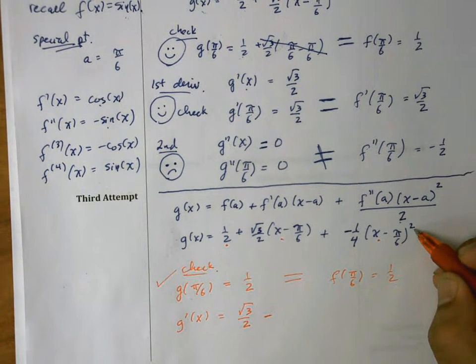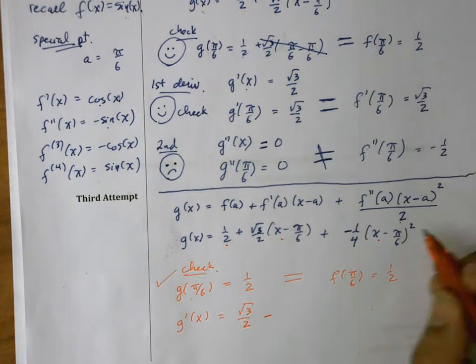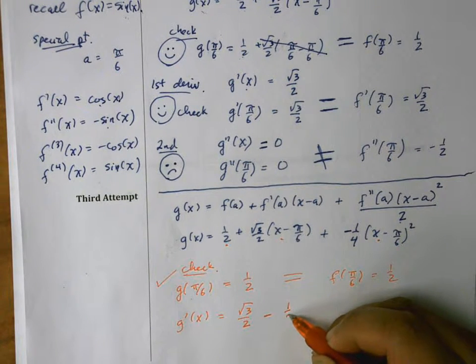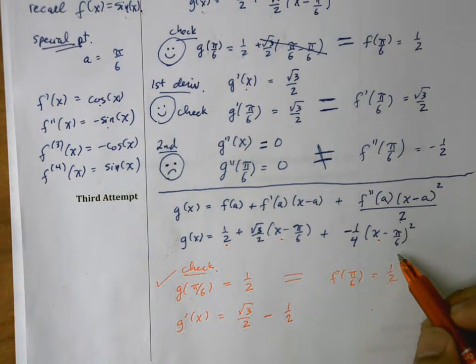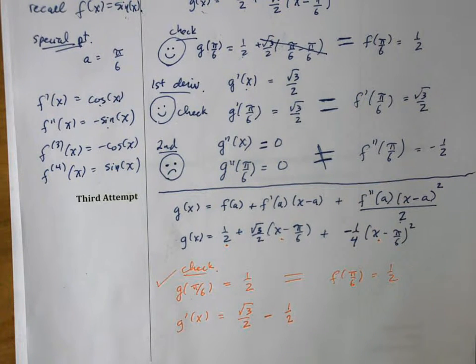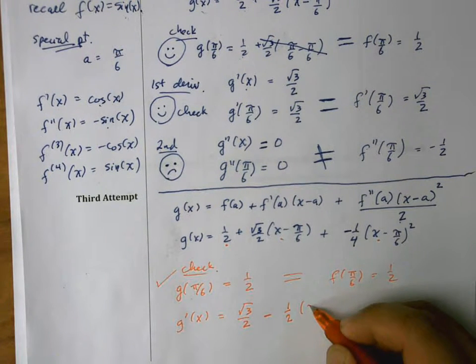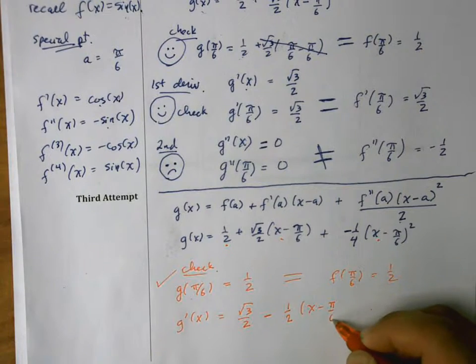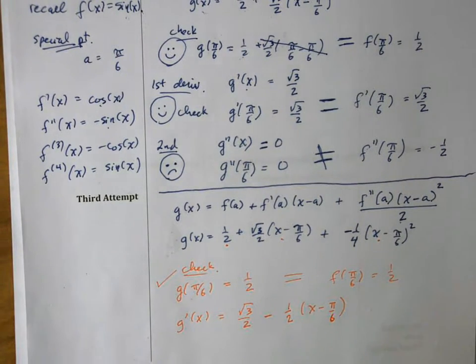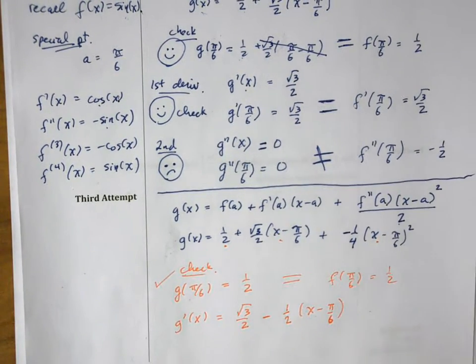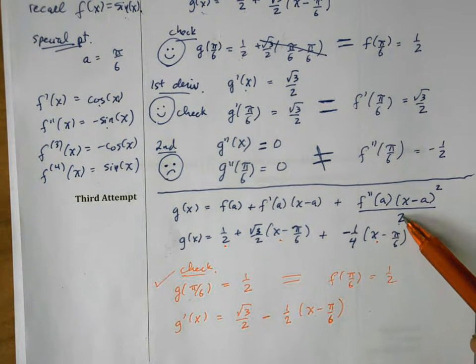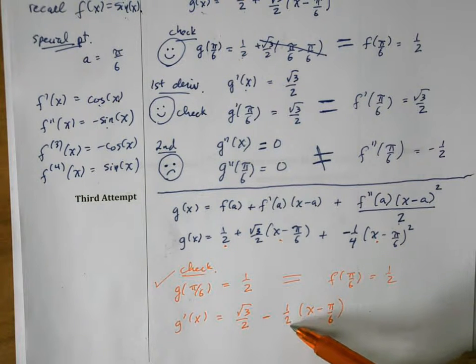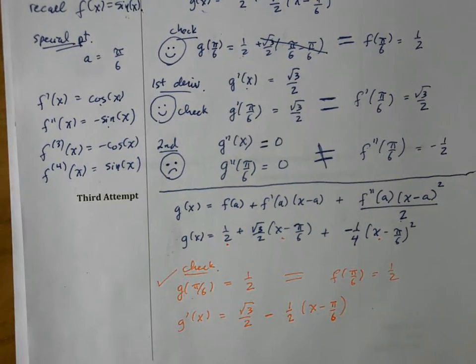If we take this derivative, then we get 2 times that, so that's negative 1/2, times this whole thing, times the derivative of the inside, which is just 1. Now you can kind of see here that if we hadn't divided by 2, this would now be 1, and that's going to lead us to some problems later on.